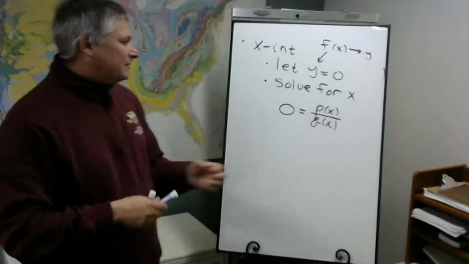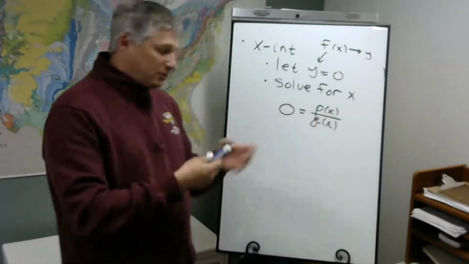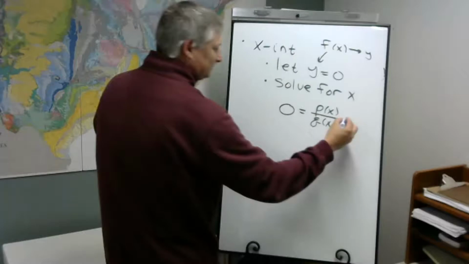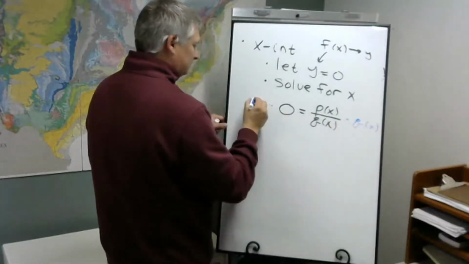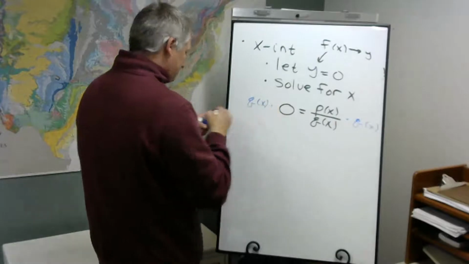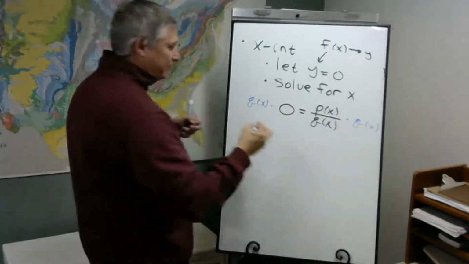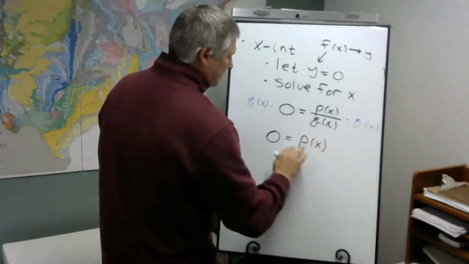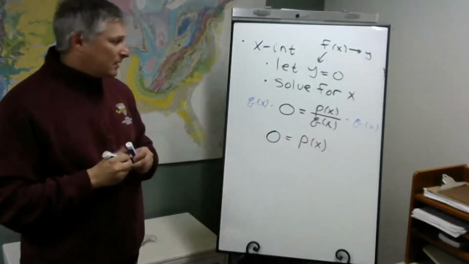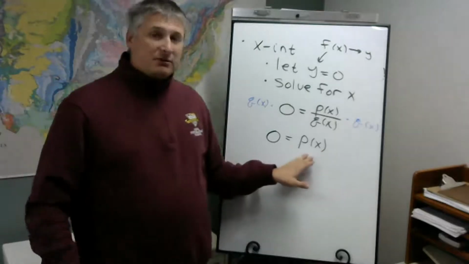Typically what happens here, if you multiply both sides by q of x, is you end up getting 0 equals p of x. And then we solve for x. Now again, p of x is a polynomial.